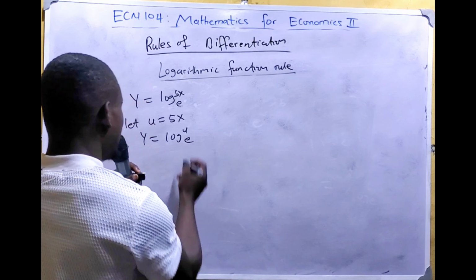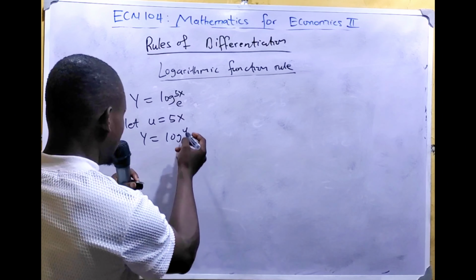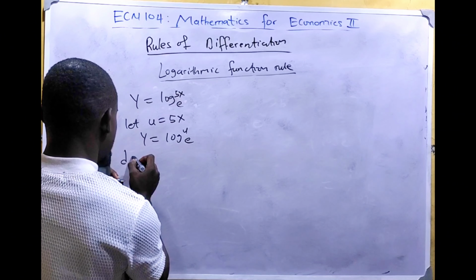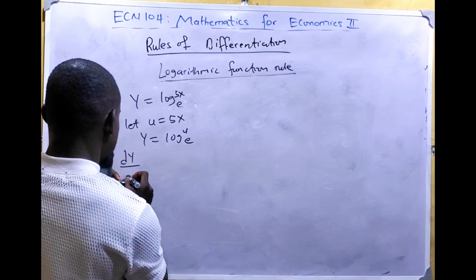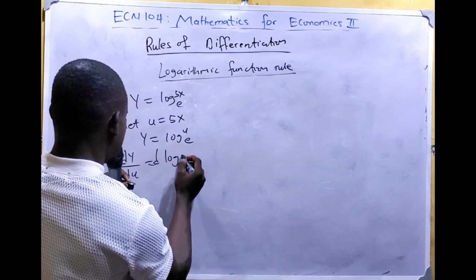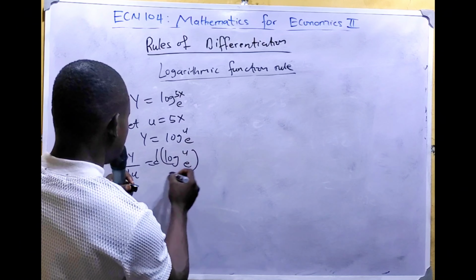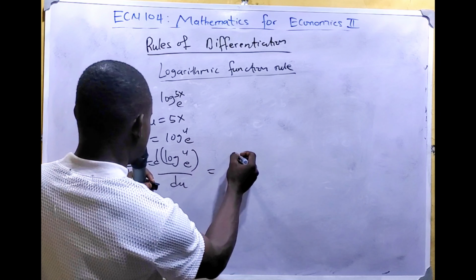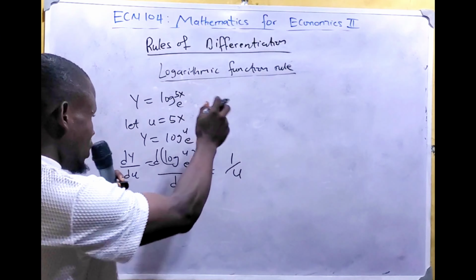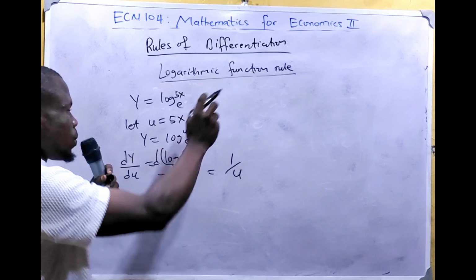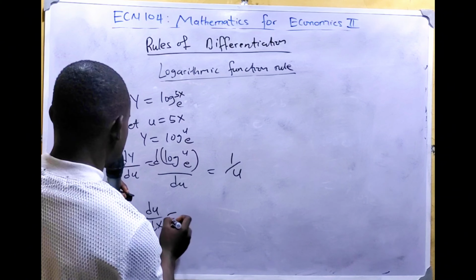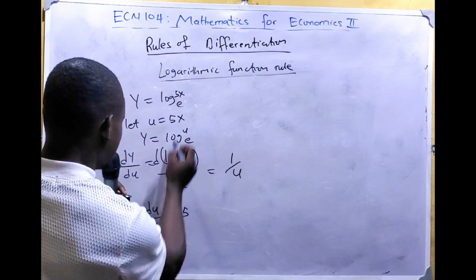So from here, the derivative of y with respect to u, which is the derivative of log u base e with respect to u, will be 1 over u, from what we have already established from the logarithm function rule. And du/dx will be equal to 5, the derivative of 5x.